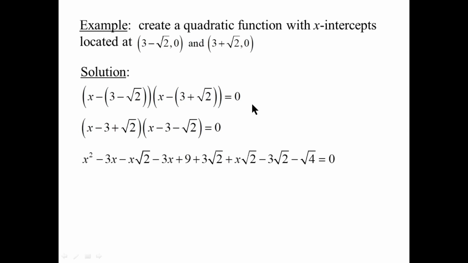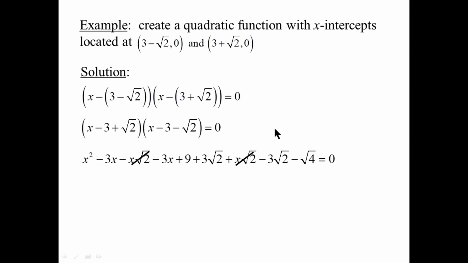I've done it here. Pause the video, make sure that I did it right. And we'll notice that 3 terms times 3 terms is 1, 2, 3, 4, 5, 6, 7, 8, 9 terms, as predicted. Now, many of these terms offset each other. We have a minus x root 2 and a plus x root 2.